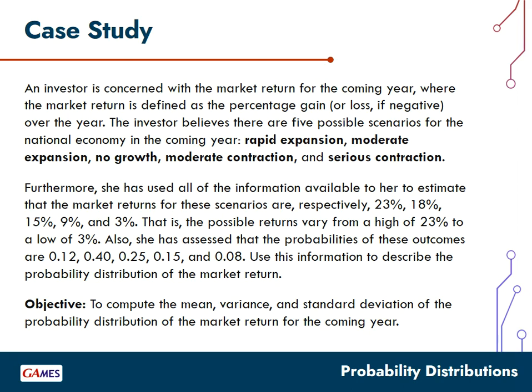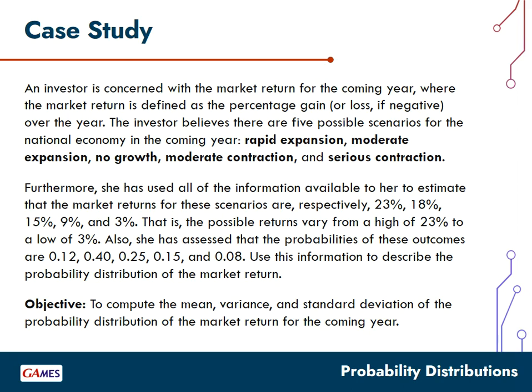Returns vary from a high of 23% to a low of 3%. Also, she has assessed that the probabilities of these outcomes are 0.12, 0.40, 0.25, 0.15, and 0.08 to describe the probability distribution of the market return. Compute the mean, variance, and standard deviation of the probability distribution of the market return.